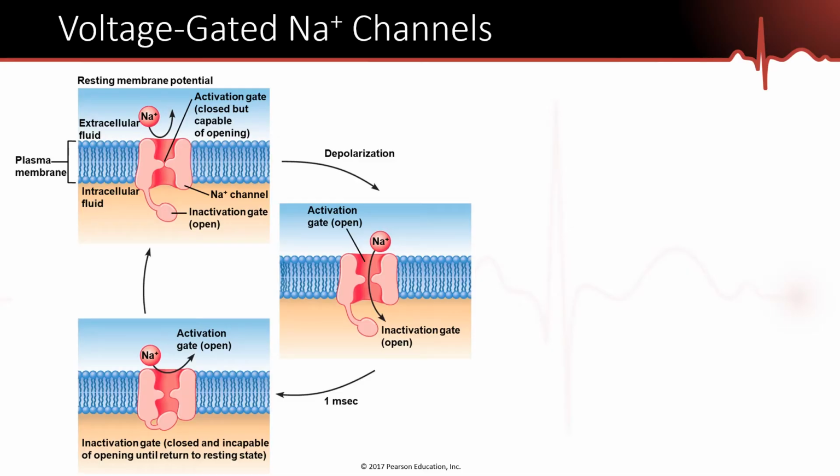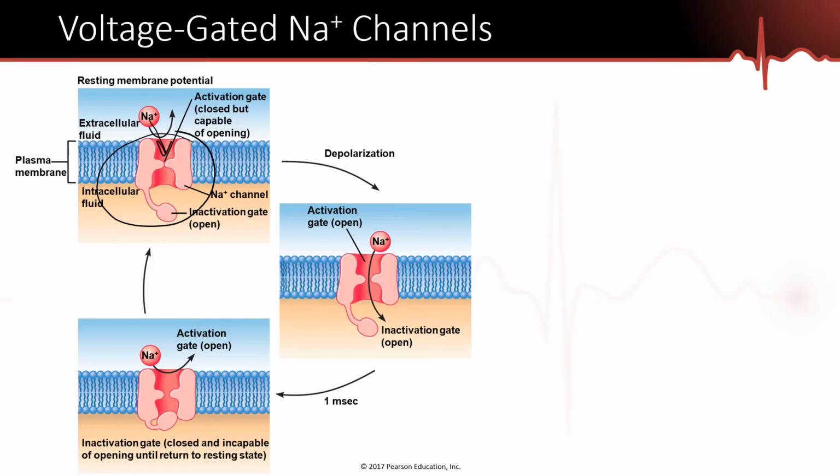So here is a voltage-gated sodium channel located in the membrane of the hillock. And right now, we can say the interior is negative 70 millivolts and it's closed. The resting membrane potential is at negative 70, and the voltage-gated sodium channels are shut, which means no sodium can come in.